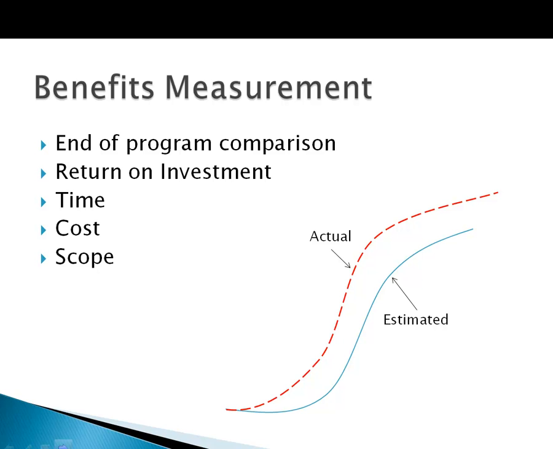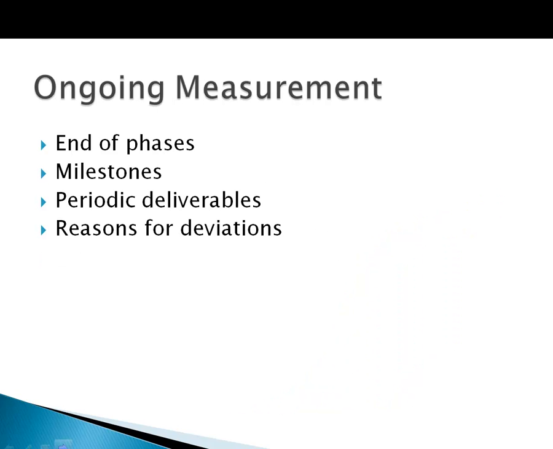Now, while we're talking about this benefits measurement, it's not just at the end of the program, but it can actually happen throughout the program. So it's an ongoing measurement. So when do I do this ongoing measurement? Ideally, at the end of phases, when I hit milestones, as deliverables are created, and then whenever I notice a deviation in the program.